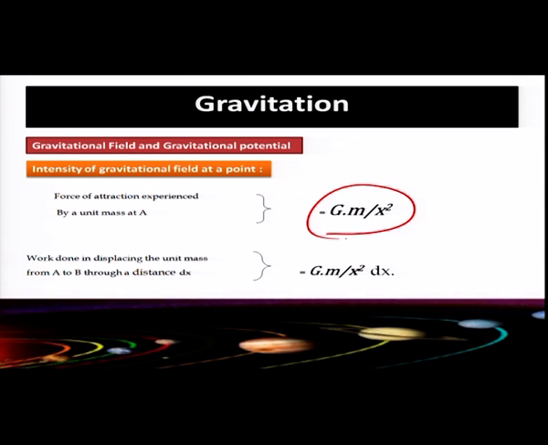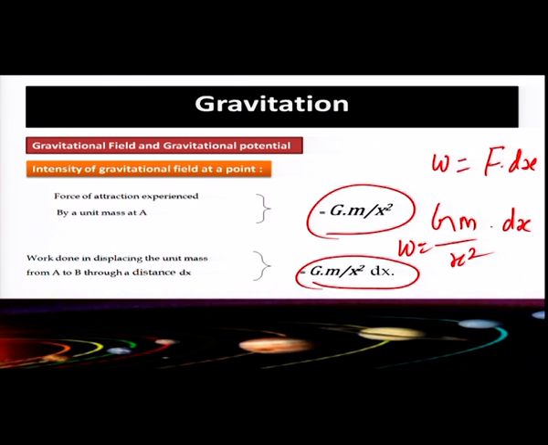So, what is the work done? The work done W is equal to F dot dx. We have calculated what is F. F is Gm by x squared, and the work done W is equal to Gm by x squared into dx.